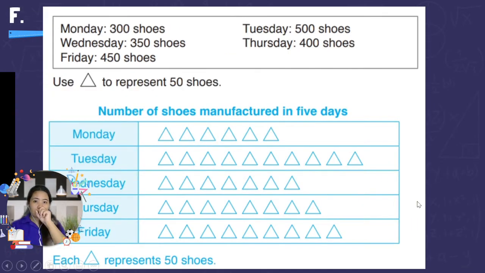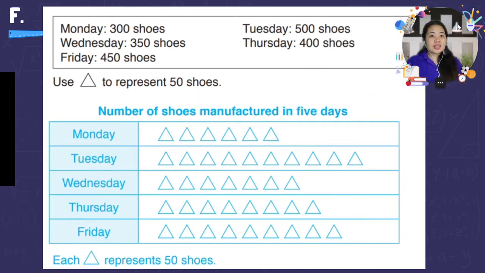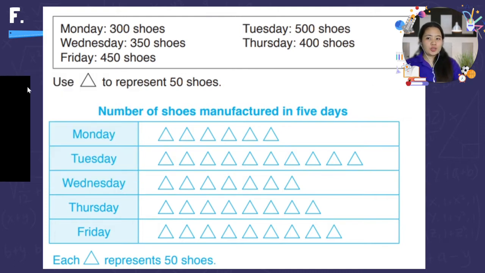Look at the table. It says how many shoes were manufactured on Monday and Tuesday. So you have to count the 2 days, so you have to add. Okay, so let's solve.